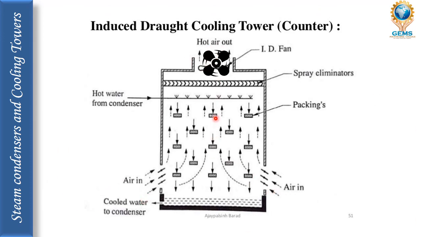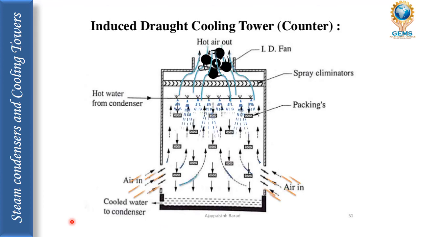This air absorbs the heat from the hot water spray, so that the water rejects the heat to the air, the hot air goes out, and the chilled cooling water comes down, is collected in the basin and is again circulated to the condenser.